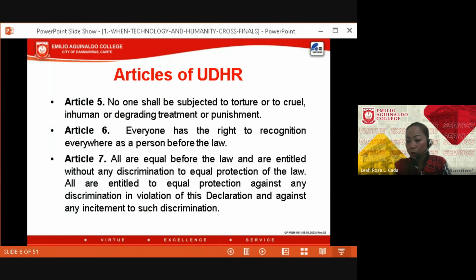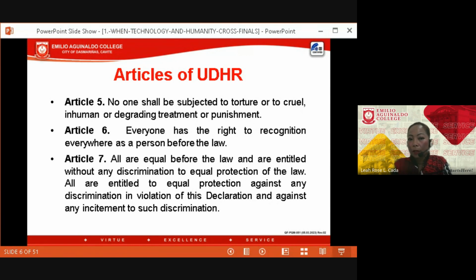Ganun yun. And he or she has to go through due process. Kahit na prisoners of war or refugees seeking asylum, they shouldn't be subjected to torture as well. Okay? Much as our country protects us wherever we go, we are also protected by the country kung saan tayo pupunta. Okay? And it is part of their responsibility.